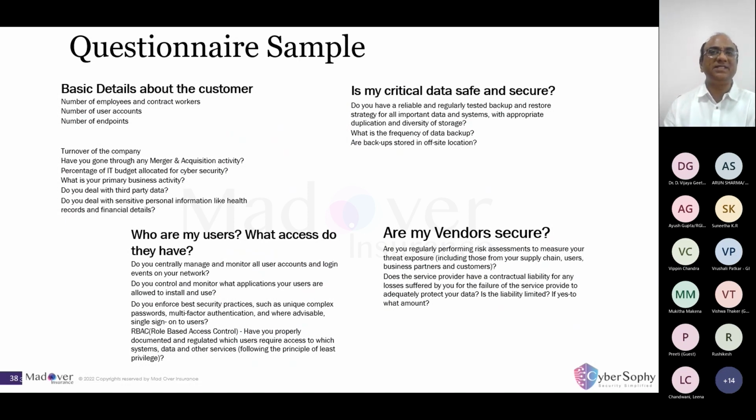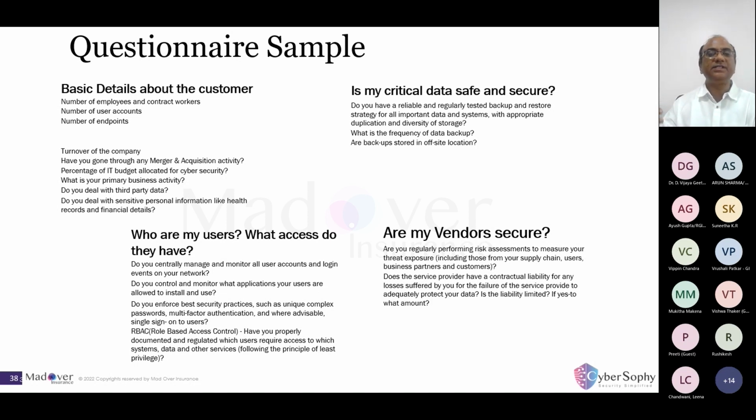What is the primary business of the company? Why do we need to understand the business? Because depending on the nature of the business of the company, the exposure to digital assets would be higher. For example, an e-commerce company is heavily reliant on the internet. If an e-commerce company's website goes down, their overall business goes down.